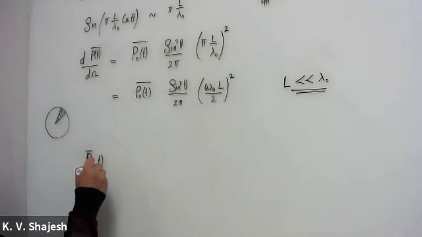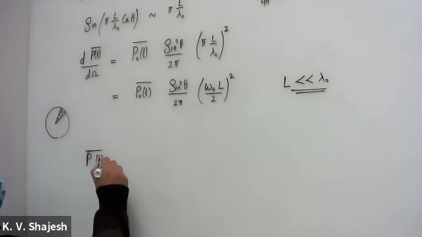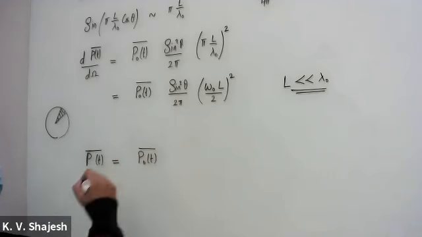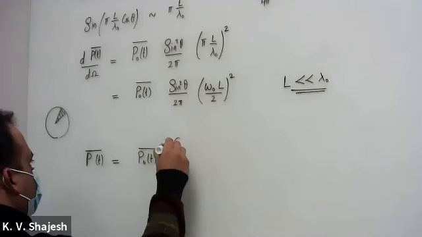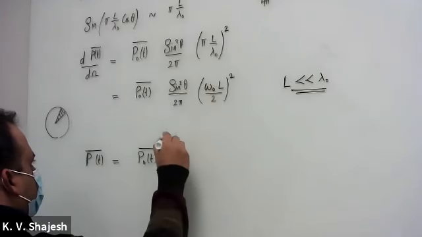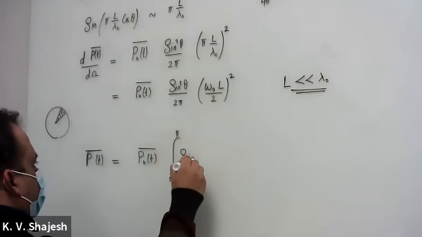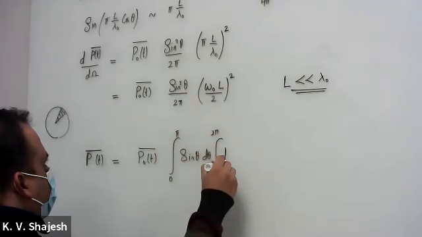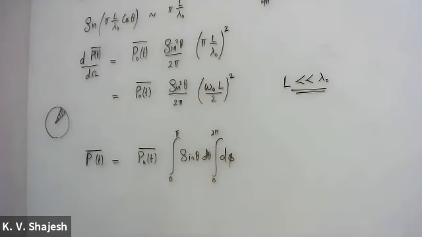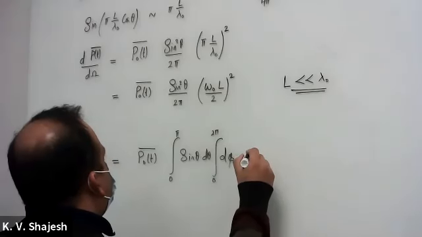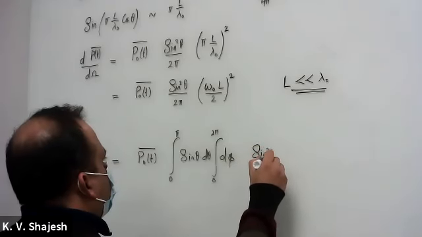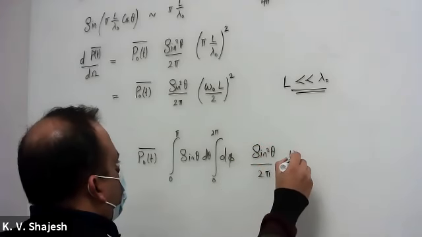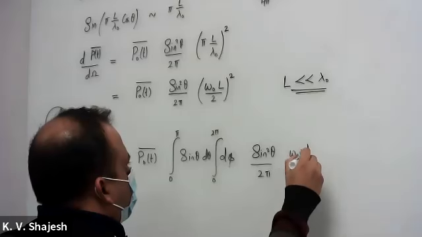P total will be equal to P naught T average, and we want to integrate this over 0 to pi sine theta d theta, and 0 to 2 pi d phi. That's your solid angle, and you have sine square theta over 2 pi and omega naught L over 2, the whole square.